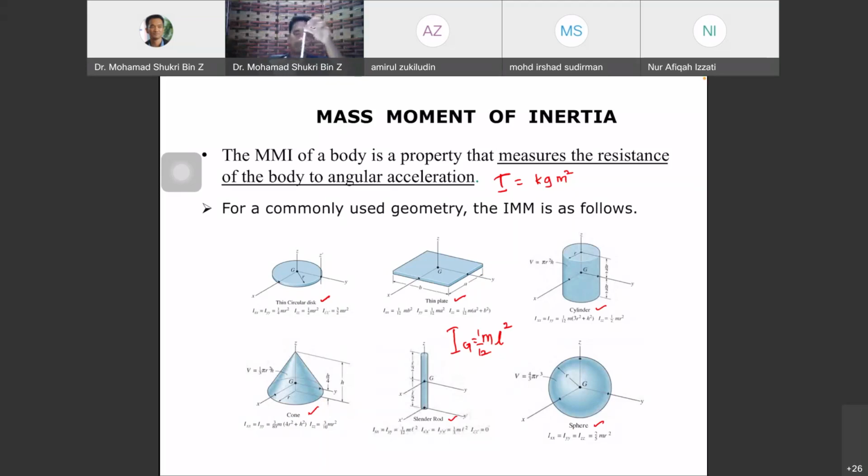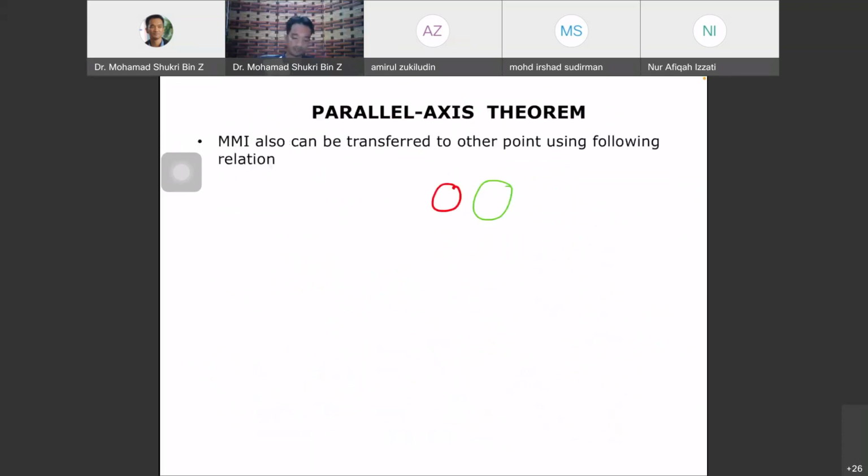So kita kena dapatkan apakah I, mass moment of inertia at G, pindahkan dia ke atas. Okay, we will transfer from G to rotation axis O. So macam mana nak buat?